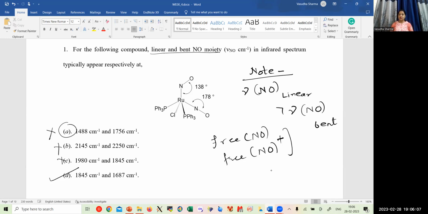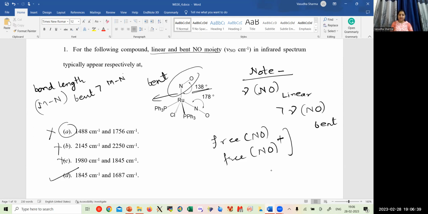As I've already said, we know this is a bend as the bond angle is less than 180 degrees, and this is linear where the bond angle approaches 180 degrees; 178 is approximately equal to 180 degrees. And for the bond length, the metal–N bond length of bent would be greater than metal–N linear.